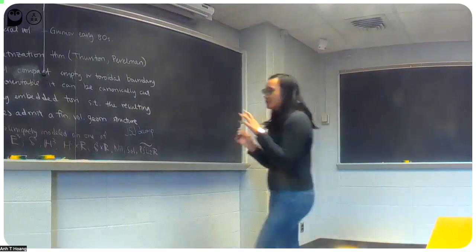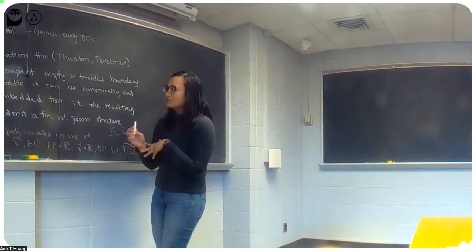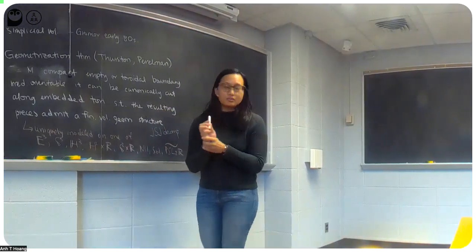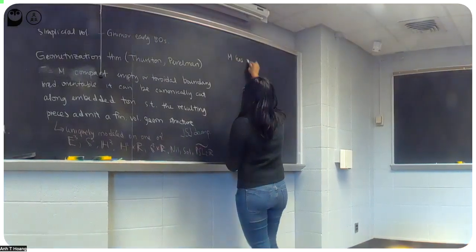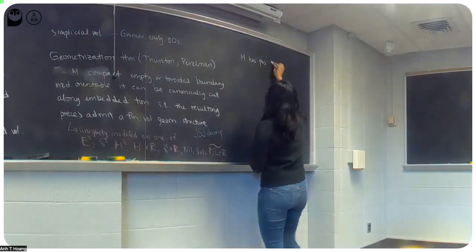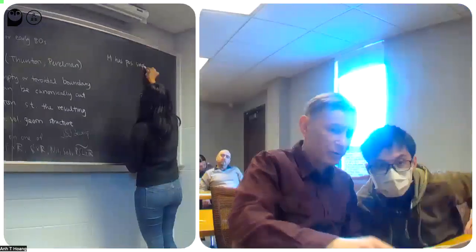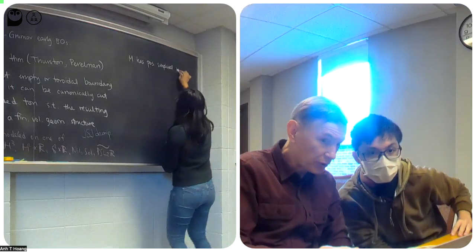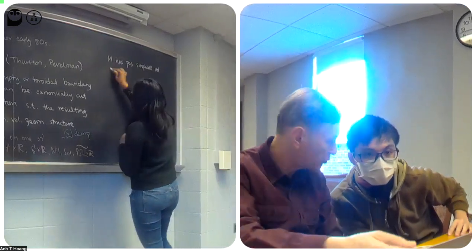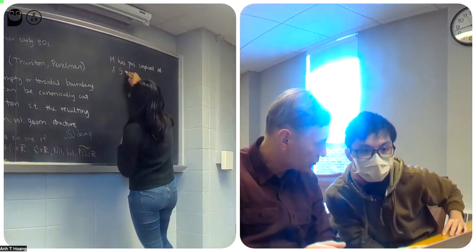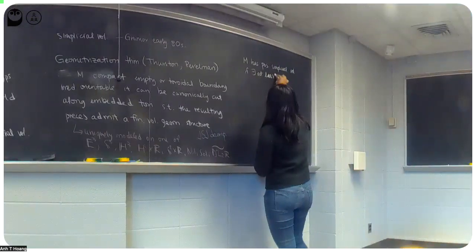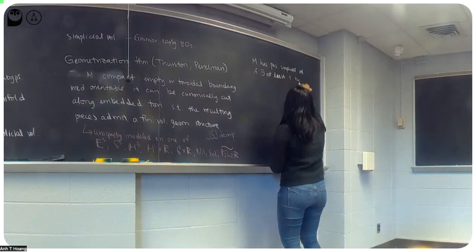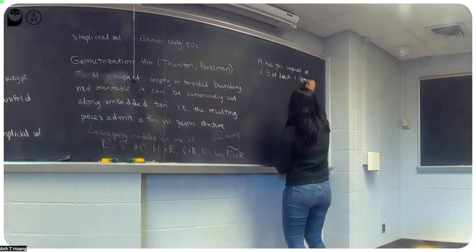So now I can tell you an equivalent statement to saying that you have positive simplicial volume. M has positive simplicial volume if there is at least one hyperbolic piece, at least one H3.